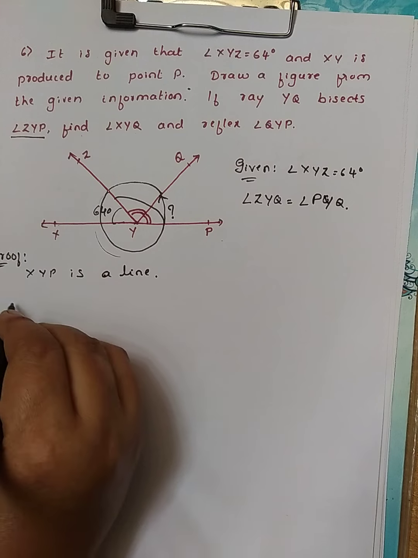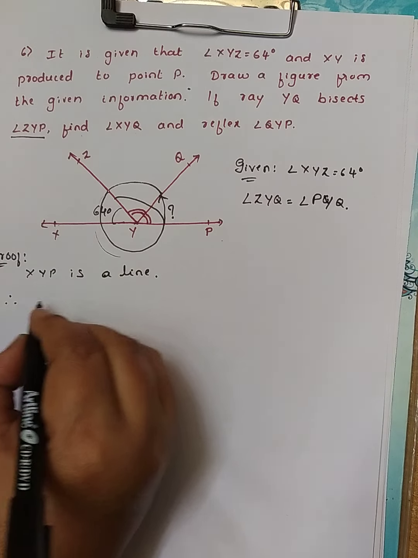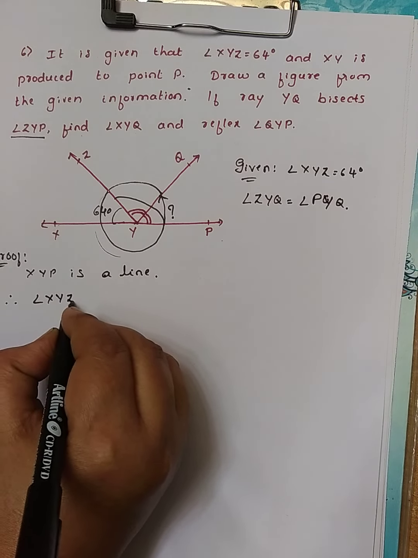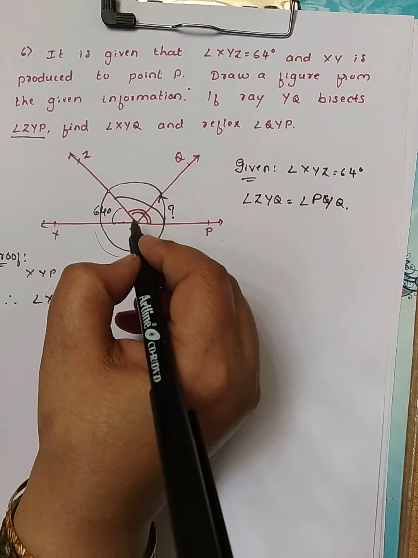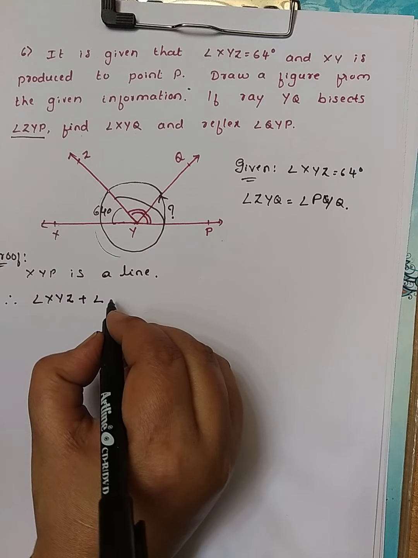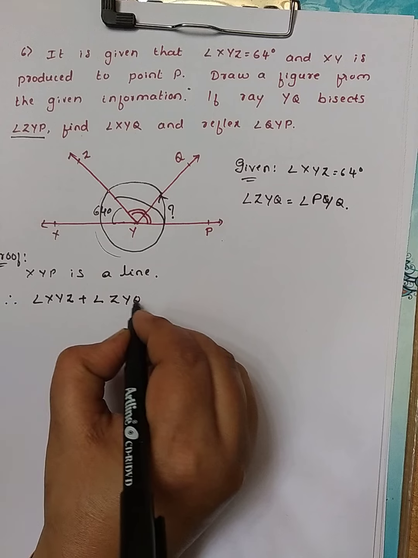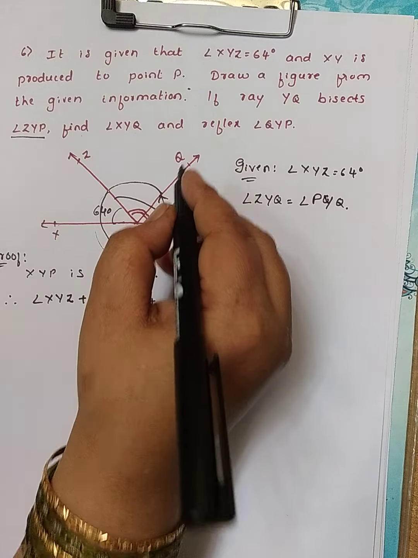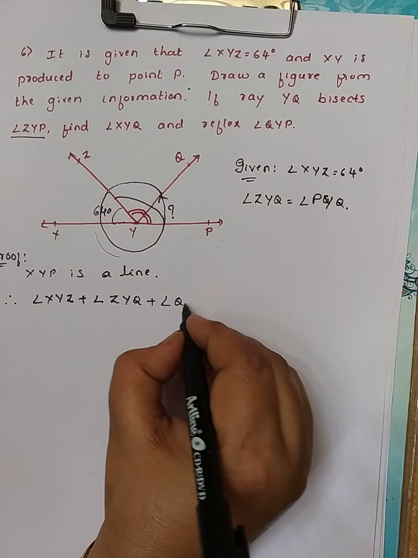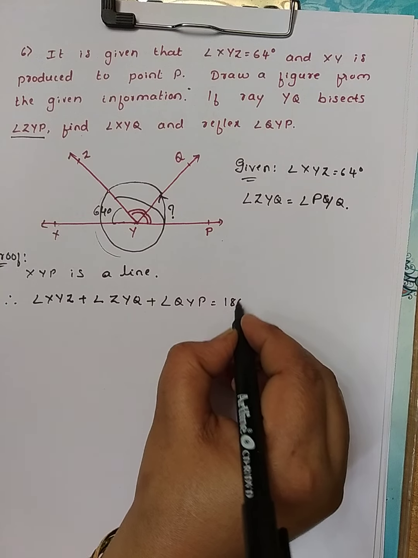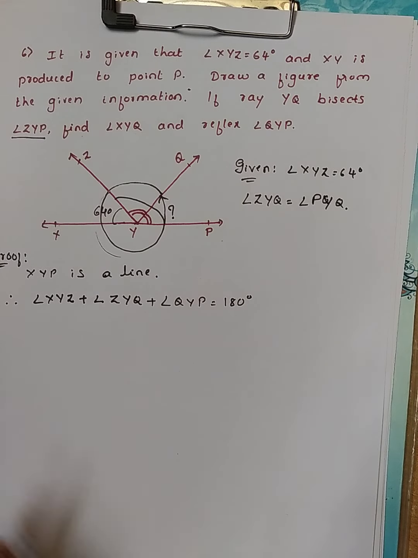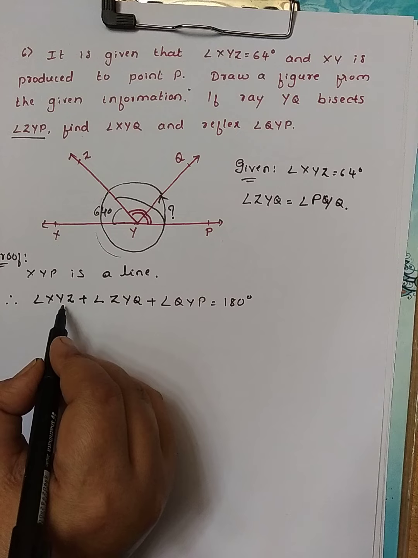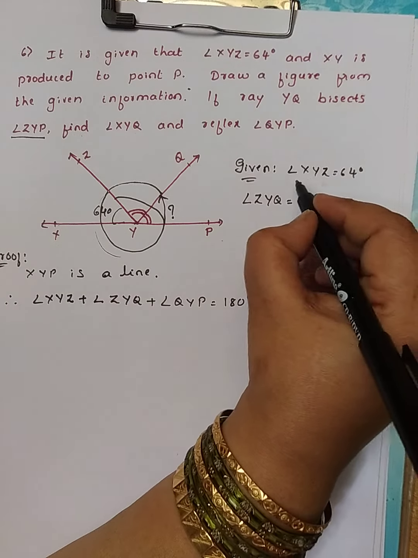Therefore, angle XYZ plus ZYQ, or QYZ, plus PYQ, or QYP, equal to 180 degree. Then it is given that XYZ equal to 64 degree.